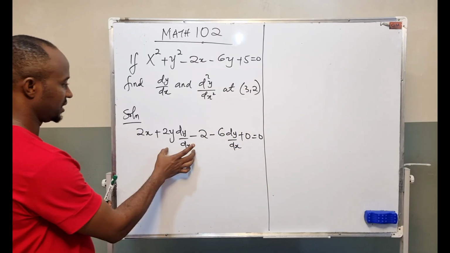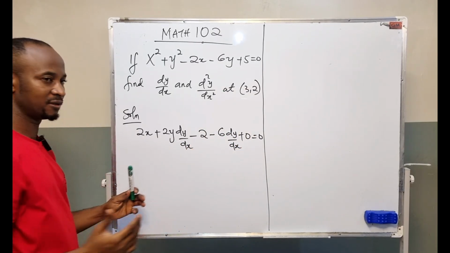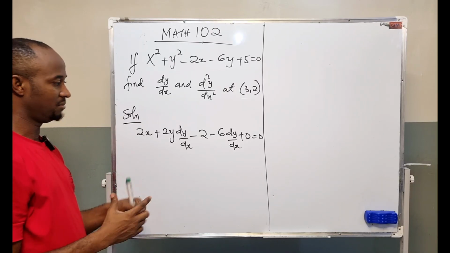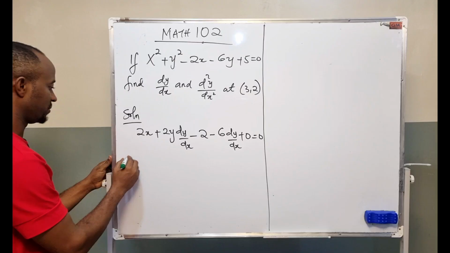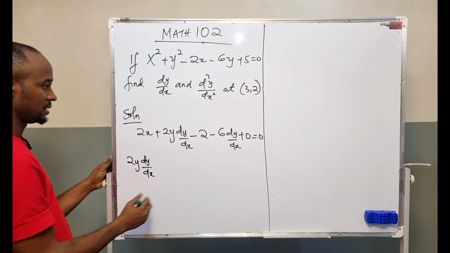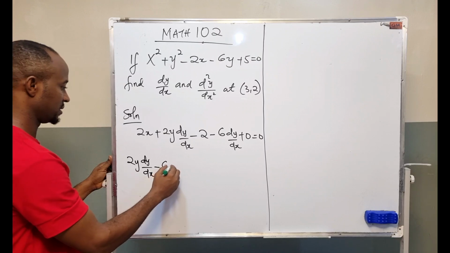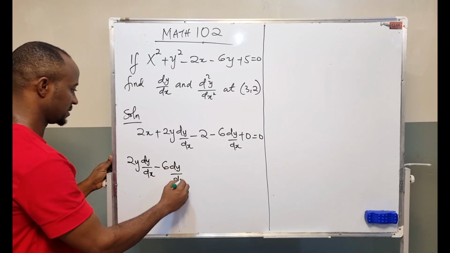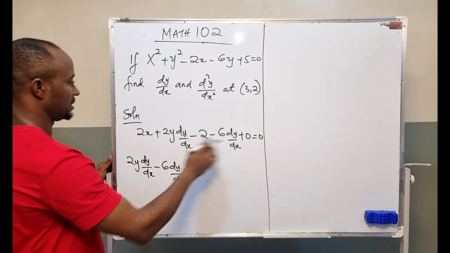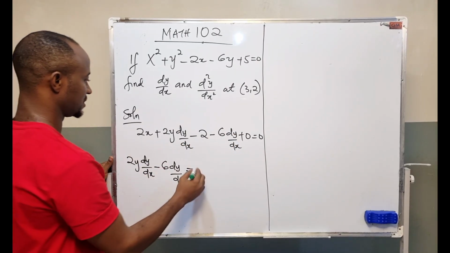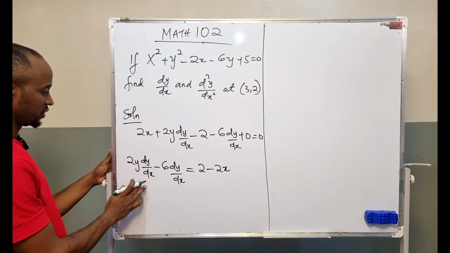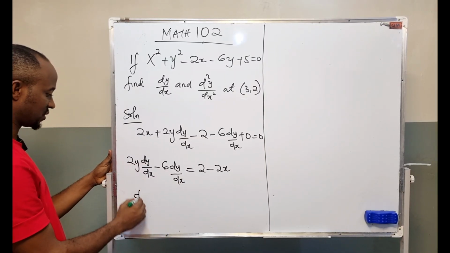The next is to bring these two as like terms, because our aim is to find the dy/dx. So I'm going to bring out 2y dy/dx minus 6 dy/dx, all equals to, then I'll move this to the other side. That will give us 2 minus 2x. So between these two terms, the dy/dx is common.